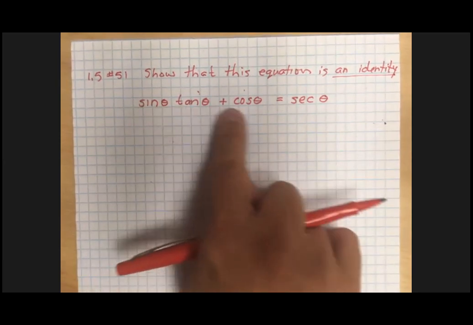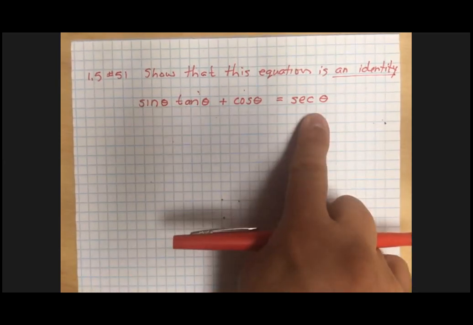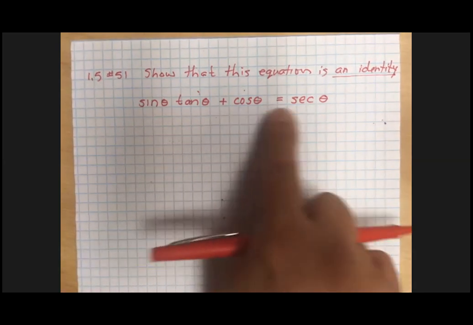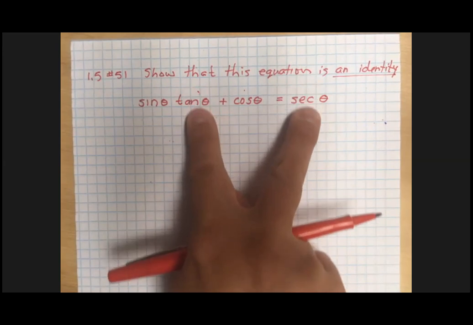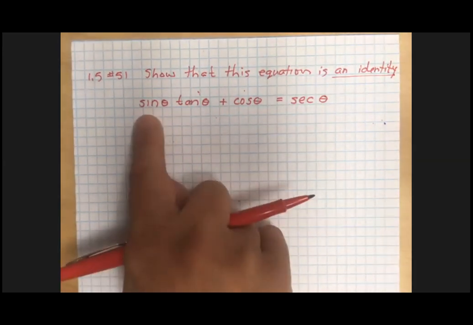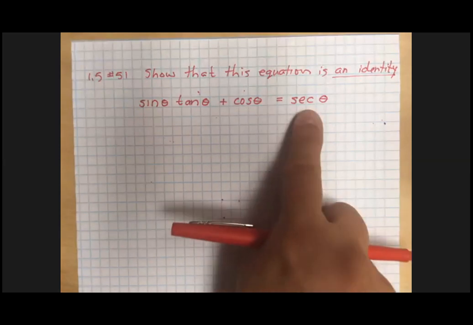How do I turn this into that? Now there are some rules to this game. You generally take one side and turn it into the other. You do not work on both sides at the same time. And you generally take the more complicated side and try to turn it into the simpler side.